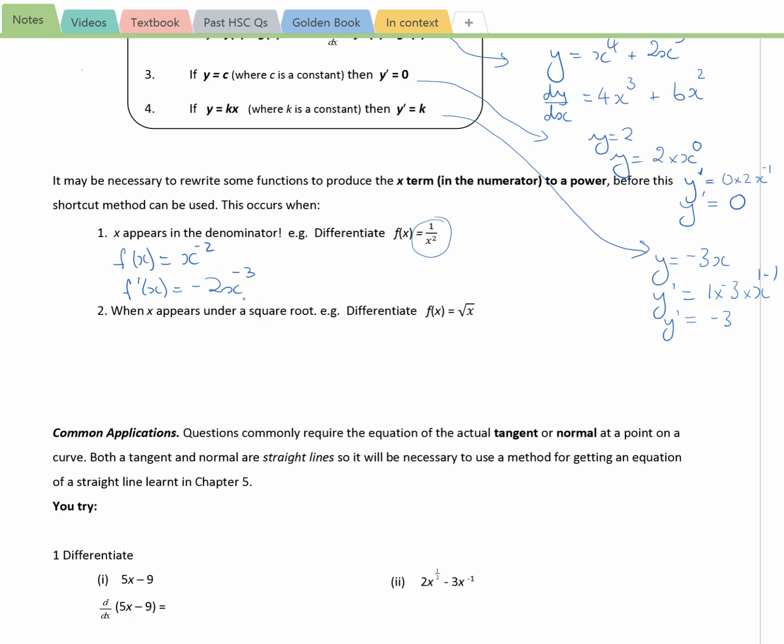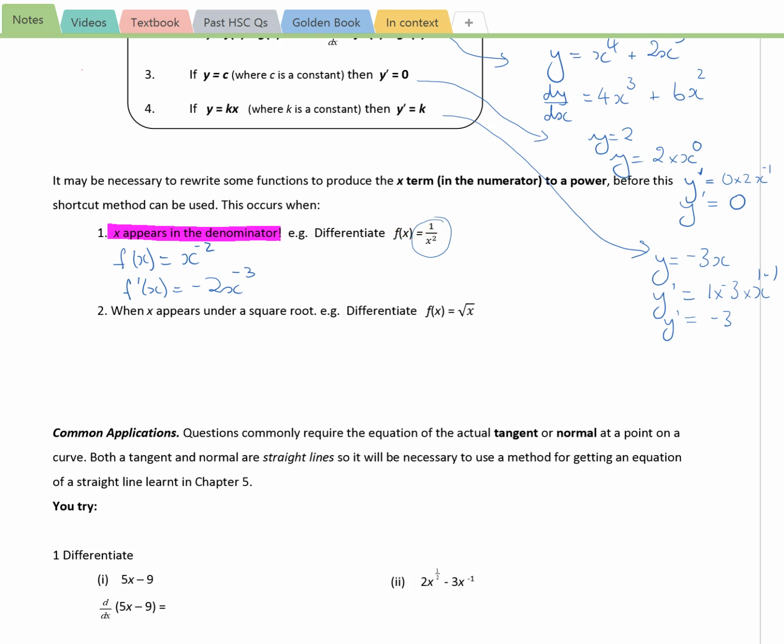So keep that in mind. If x appears in the denominator, you're going to have to rewrite the function with a negative power. Now that's why we've just revised indices, so that you're familiar with how to take x out of a denominator and bring it back to the numerator.